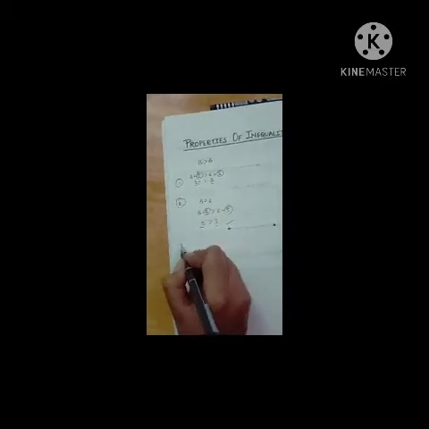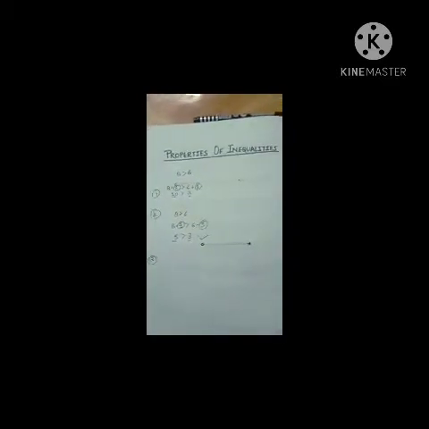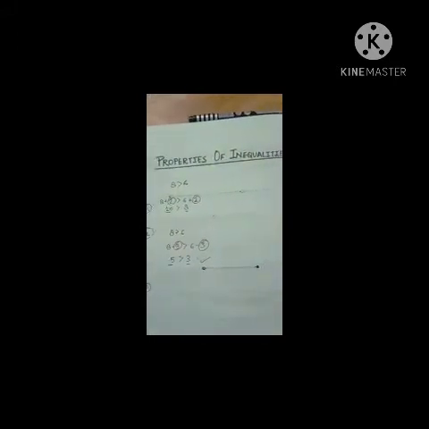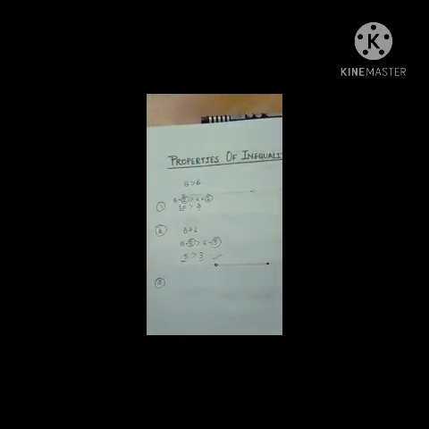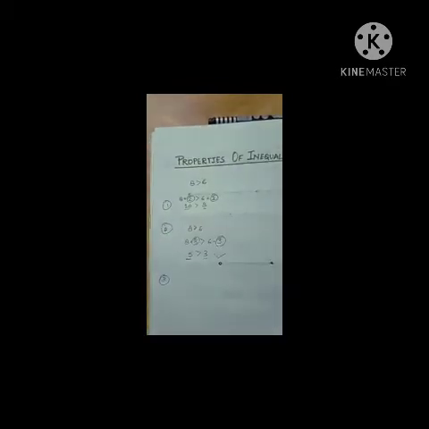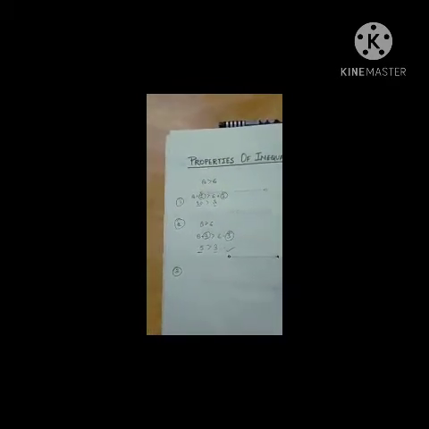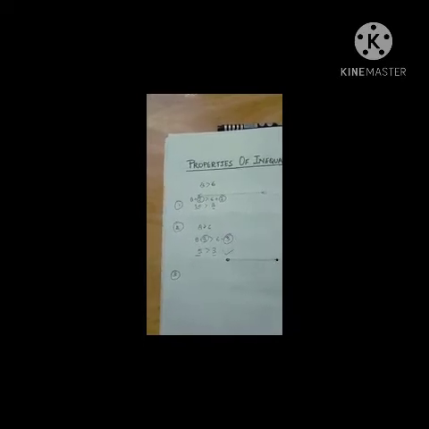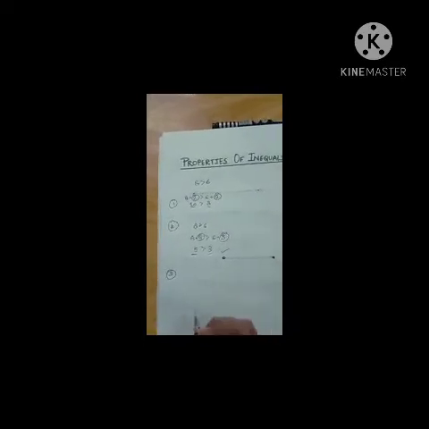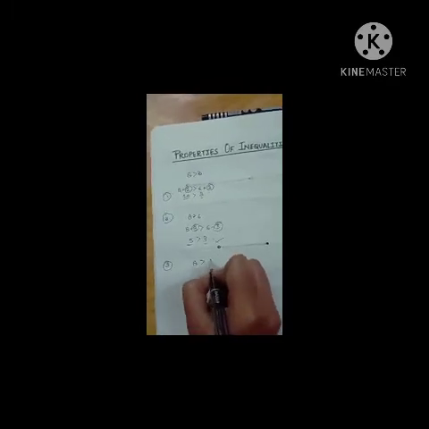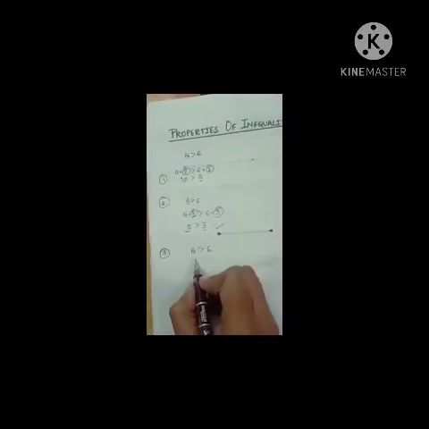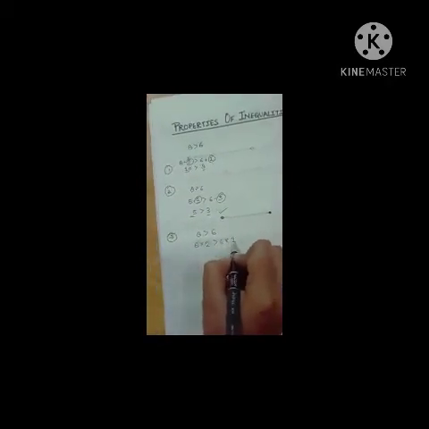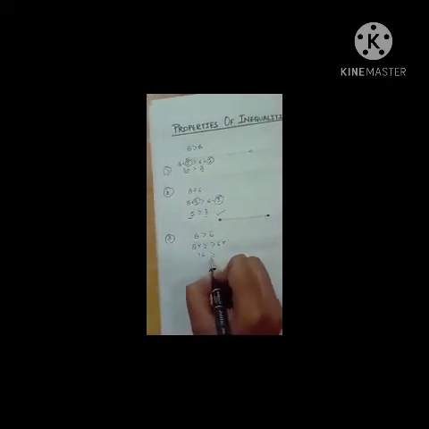Now the third property says that if you multiply both sides by the same positive number, then the inequality remains the same. For example, if we have the inequality 8 is greater than 6, and I multiply this 8 by 2, and here also I multiply by 2, here we get 16 and here we get 12.